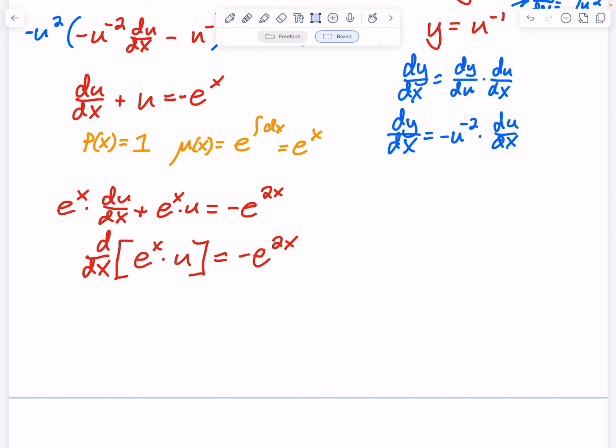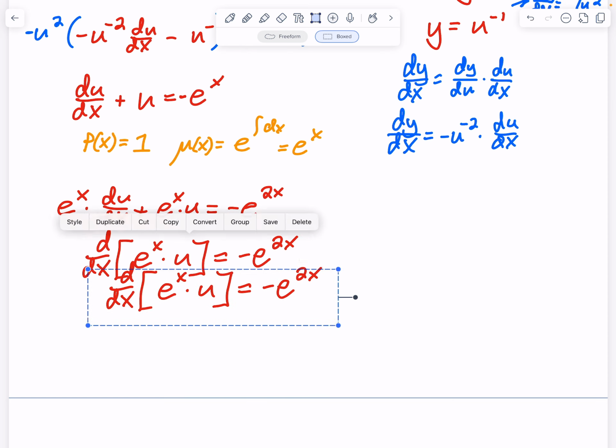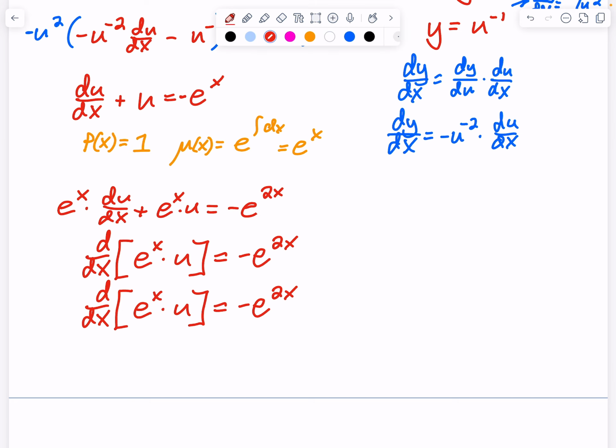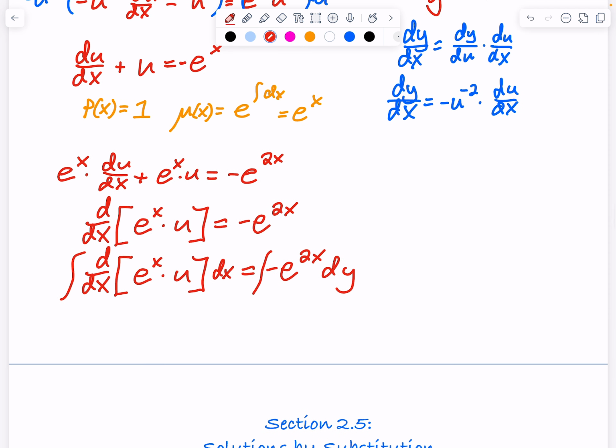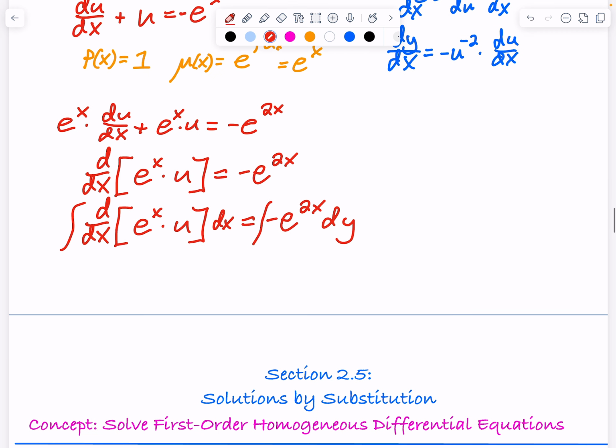Okay, from there, first order linear, then we integrate. All right, and I'm going to move some things over so I can put my dx on this side. All right, so now I integrate on the left, and I get e to the x times u.